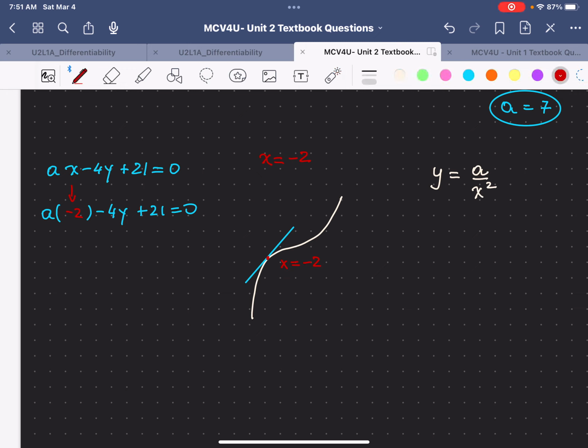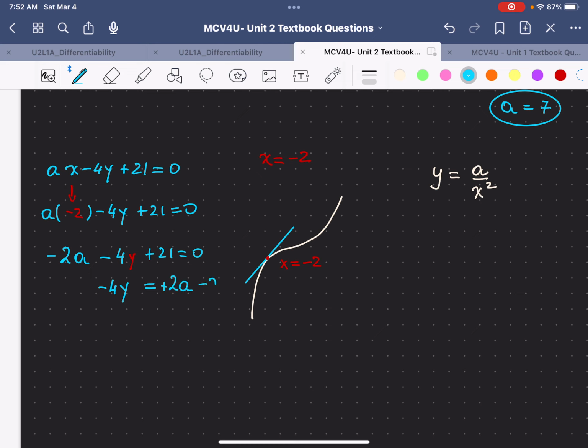So we're going to make that obvious in the next step. So we're going to have here negative 2a minus 4y. Here we go. Let's make this red now. Plus 21 equals 0. So we're solving for y, which means we're leaving y on the left side. And negative 2a will come to the other side, become positive.